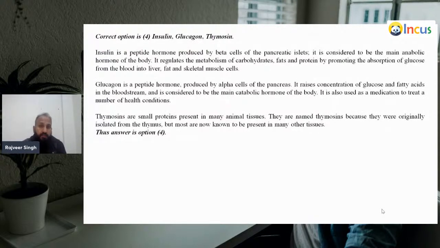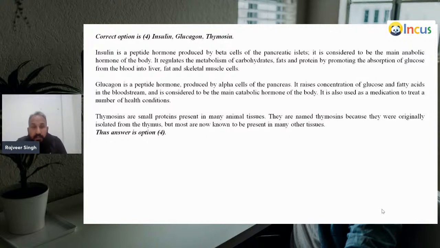Insulin is a peptide hormone produced by beta cells, especially of the pancreatic islets. It is considered to be the main anabolic hormone of the body. It regulates the metabolism of carbohydrates, fats and protein by promoting the absorption of glucose from the blood into the liver, fats and skeletal muscle cells.